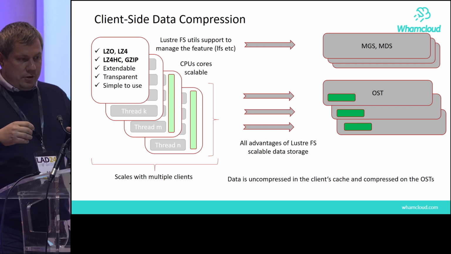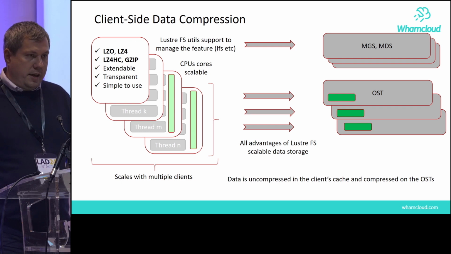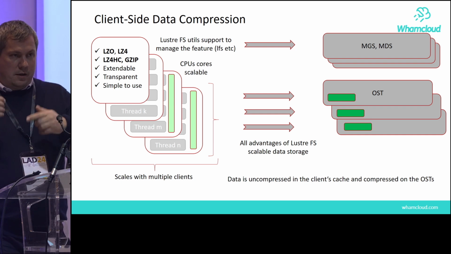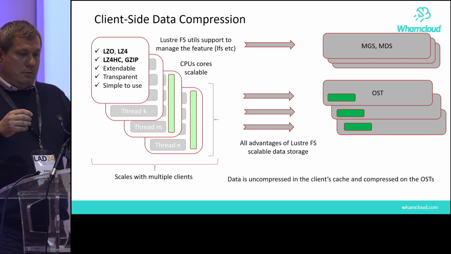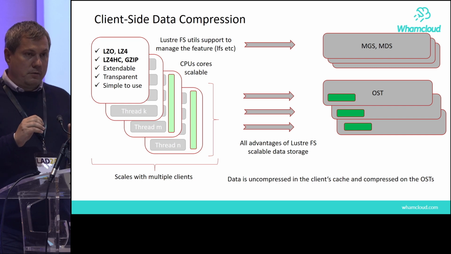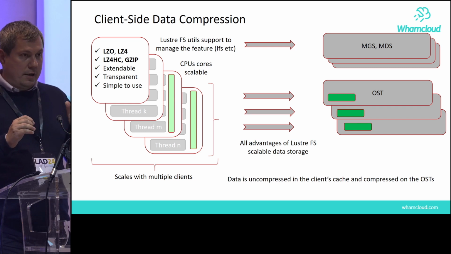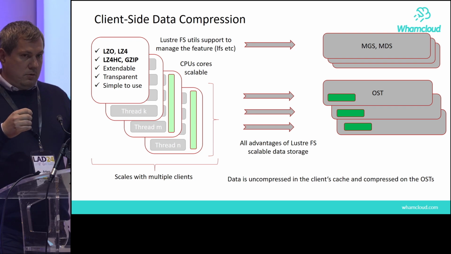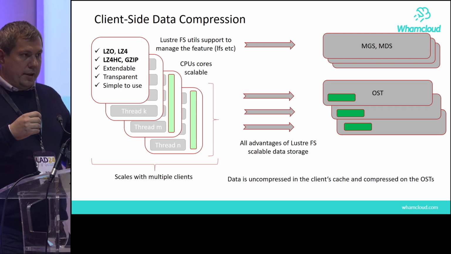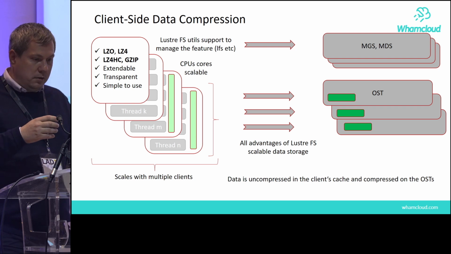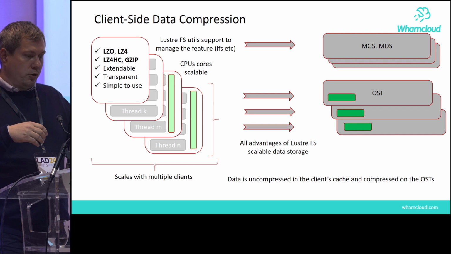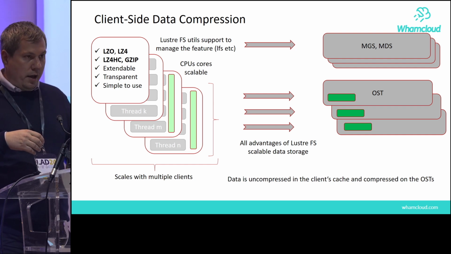How does this compression differ from just the case when we compress a file and place it to the file system? It has all features which Lustre has. It's scalable, so any client can access any part of a file. We have a lot of threads on each client and a lot of clients.